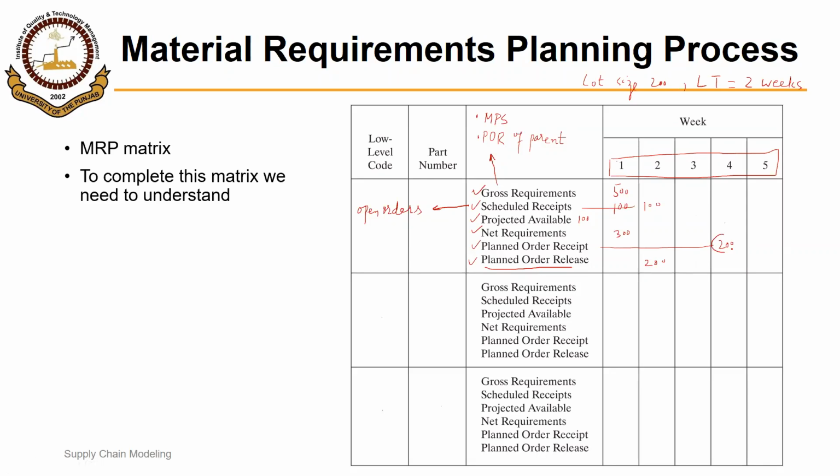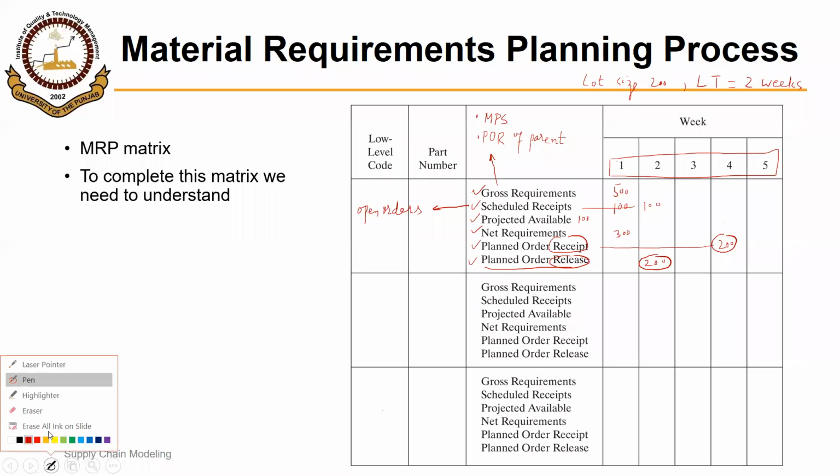This is something that I have done here. It's called lead time offsetting. Based on the requirement in week 4, I have placed the order in week 2. So this is the planned order release, and this is the planned order receipt.